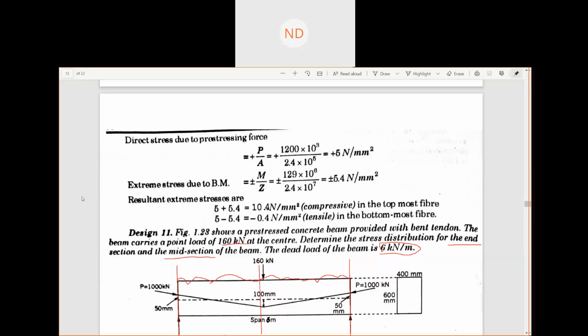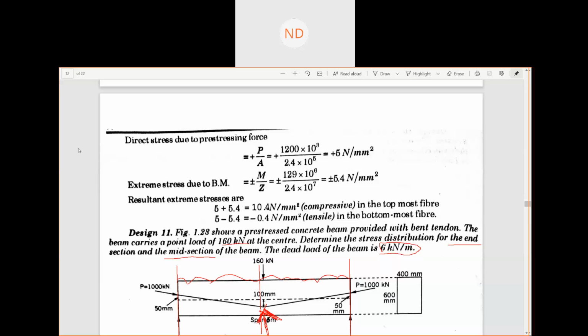So how do we proceed? In the bend tendons we have 160 kilonewton. Like in the previous question, you have to calculate the upward thrust. What was that? That was 2P sin theta, and that is nothing but 2P tan theta when theta is very, very small for us.